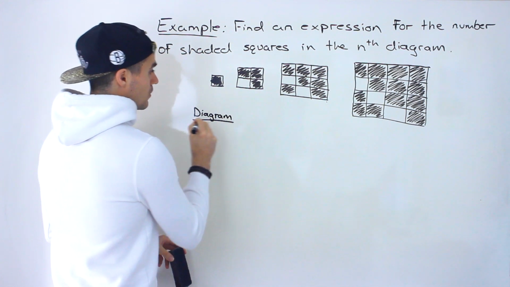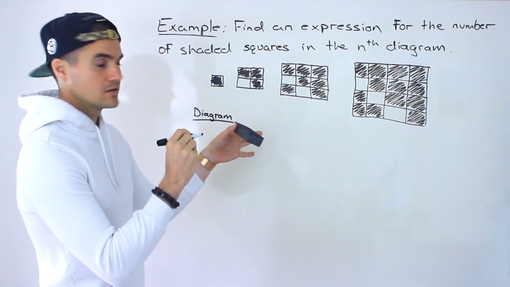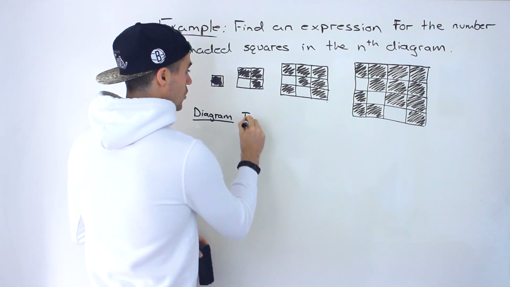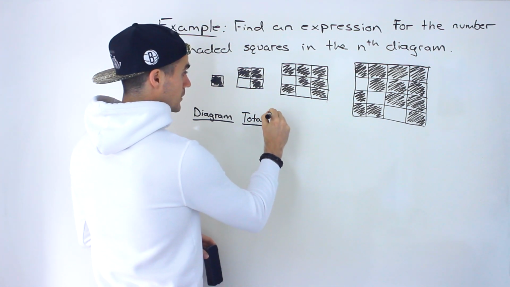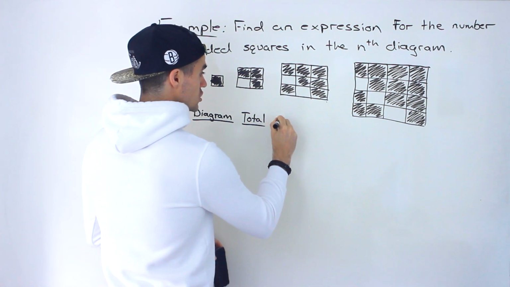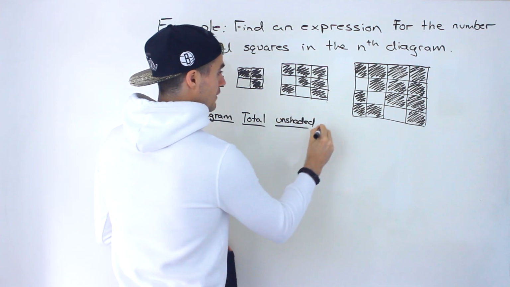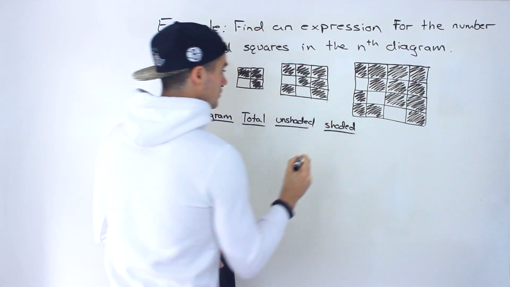And even though we are finding the number of shaded regions, I'm going to create a column for the total number of regions, and then a column for the unshaded number of regions, and then finally a column for the shaded regions.